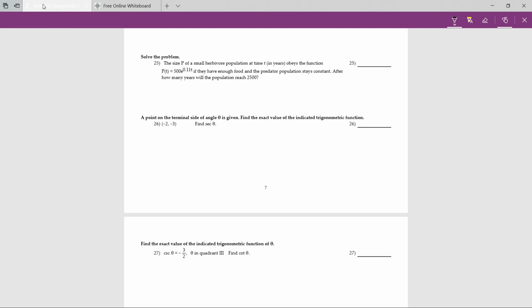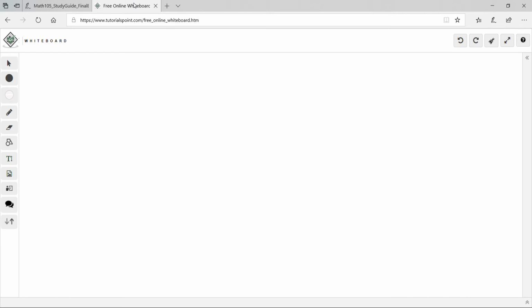So we have to find secant theta, and they give us this point, -2, -3. Remember, secant theta is 1 over cosine theta.